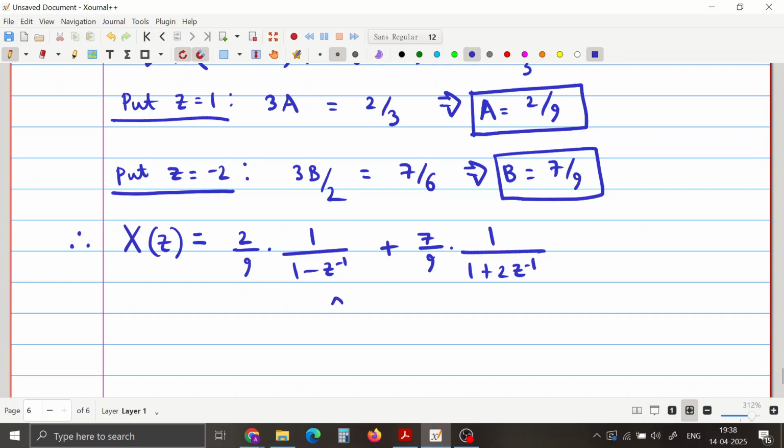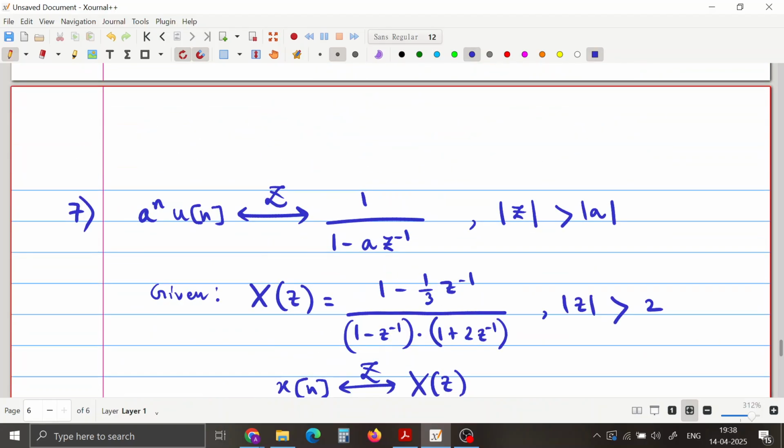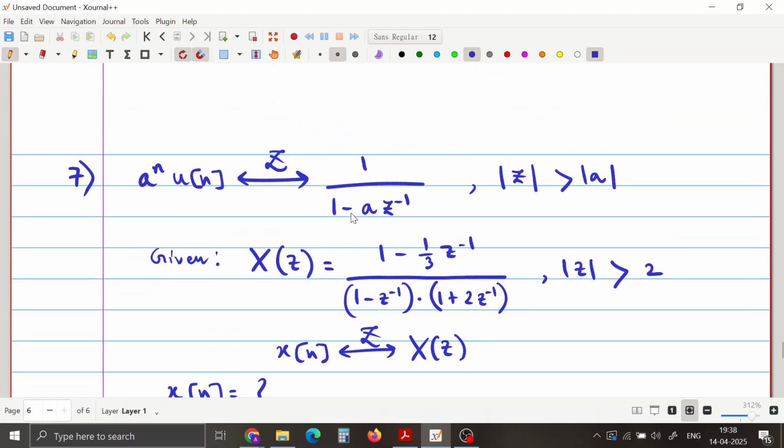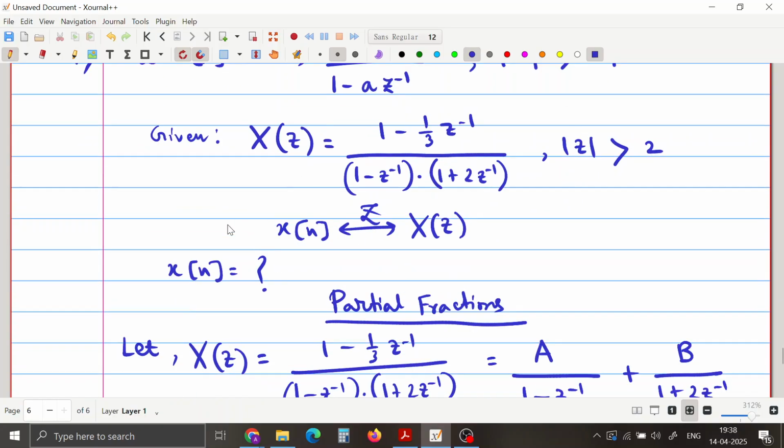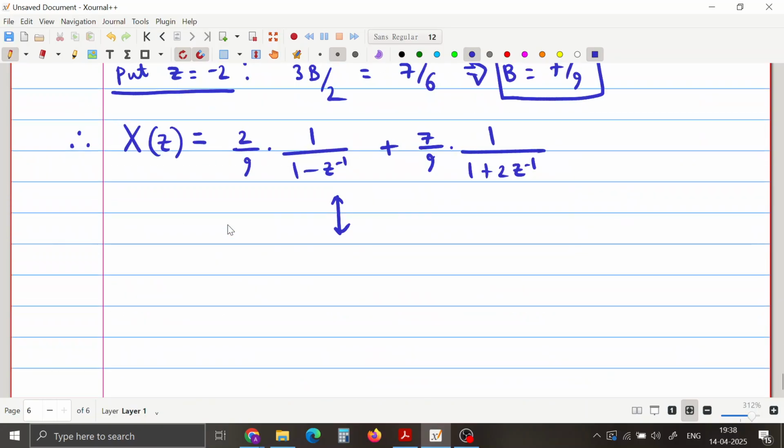Now I can simply take its inverse z transform, because I already know this result, right? That 1 by 1 minus a z inverse will have an inverse z transform a raised to the power n u of n. So if you take its inverse z transform, first let's do term by term, because we will be using linearity, right? For the first term, we have 2 by 9 as a constant factor outside, so that stays.